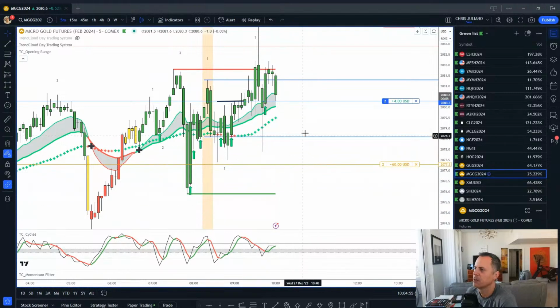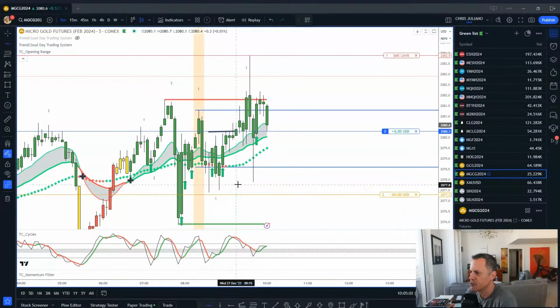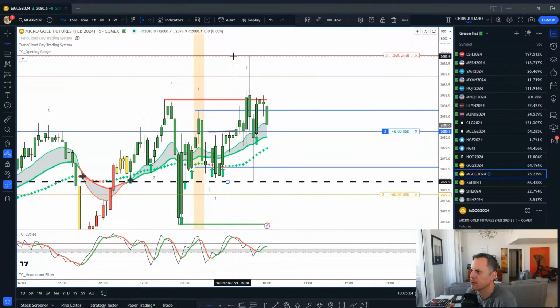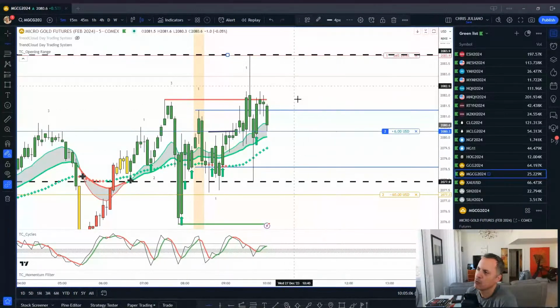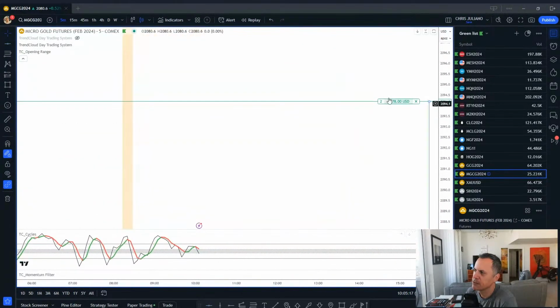So we kind of have this situation going on between here and here. Pretty wide. So this thing might bounce around, but if it comes up here to the extreme and connects, we'll be out half our position and we'll leave the rest to go up here.